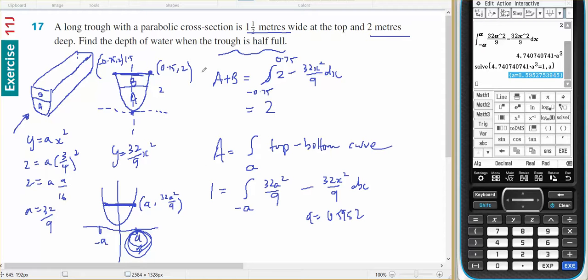The question's asking me for the depth of the water. The depth of the water will be how deep the water is. So how deep the water is here, and that's how deep the water is here. So I'm actually after this value.